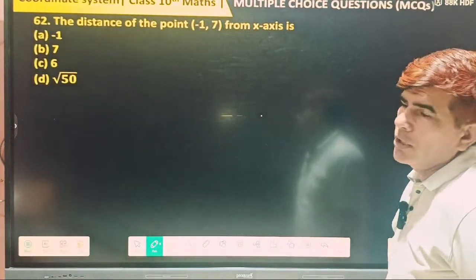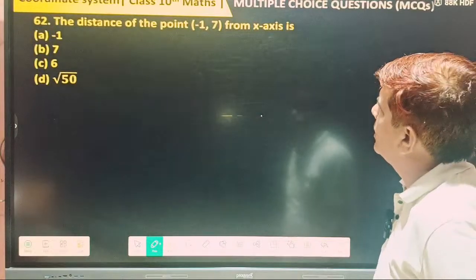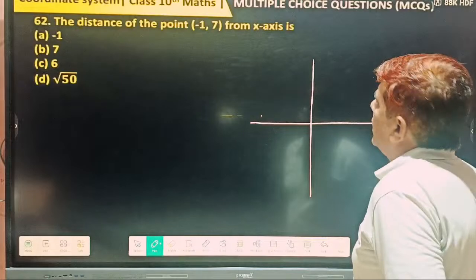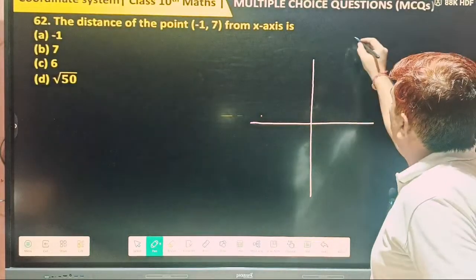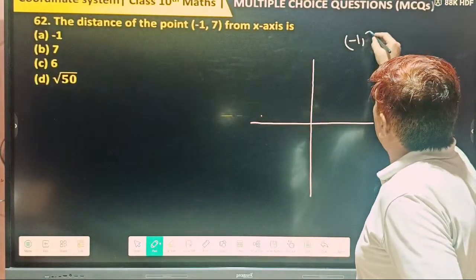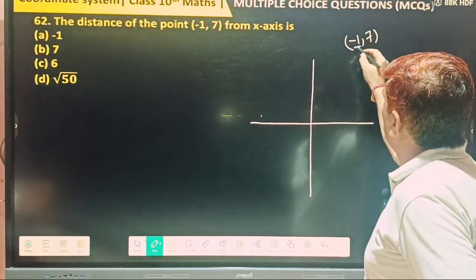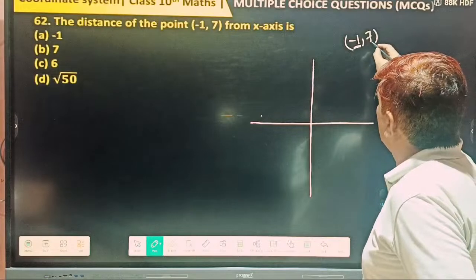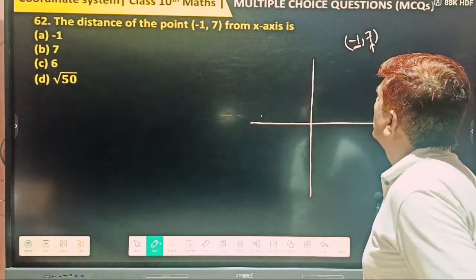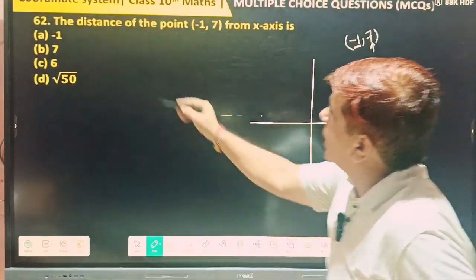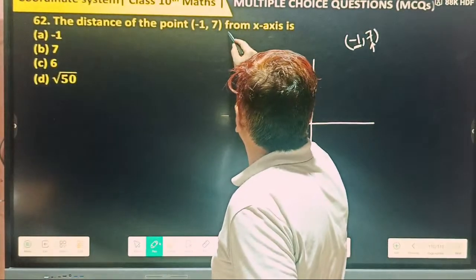This you can directly solve. The distance of the point minus 1 and 7. It means the x coordinate is the distance from the y-axis, and the y coordinate is the distance from the x-axis. So you have to find out the distance of this point from the y-axis.